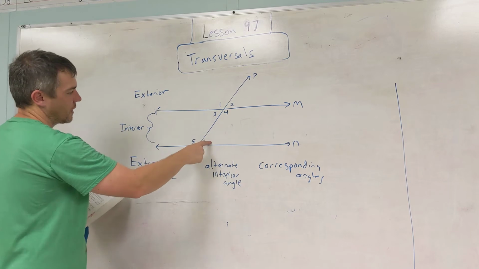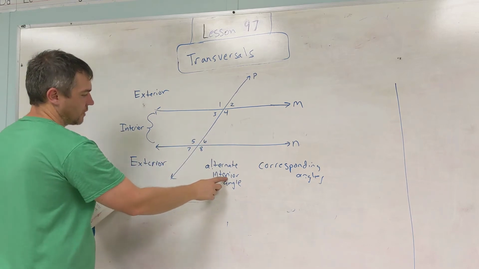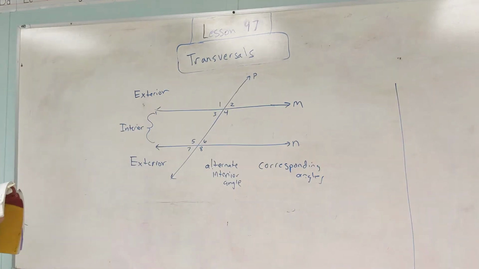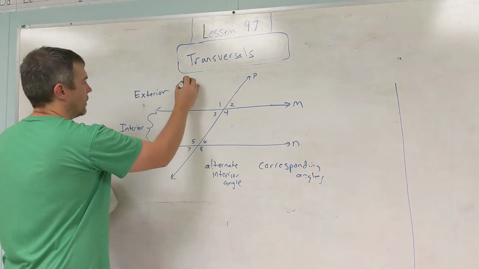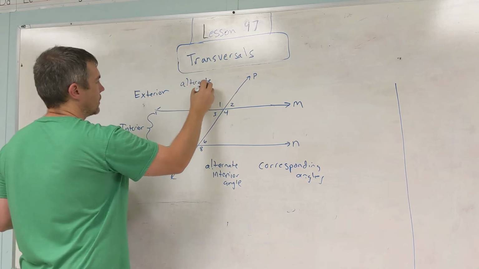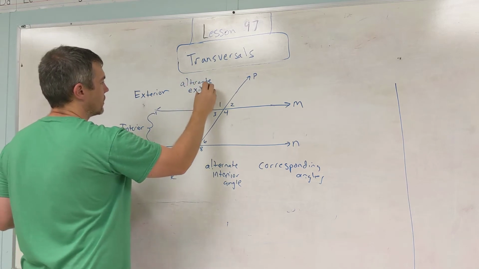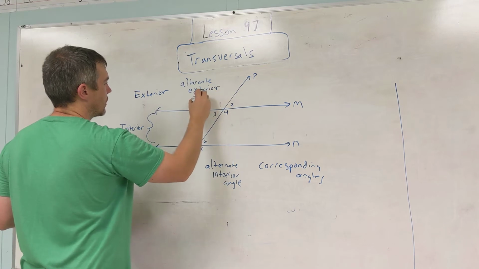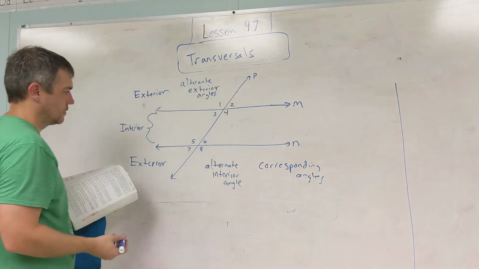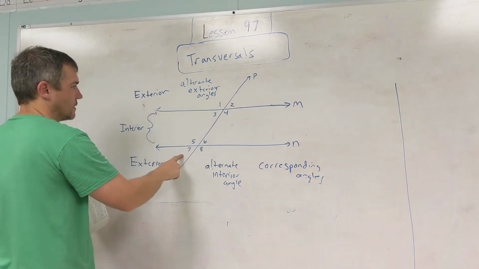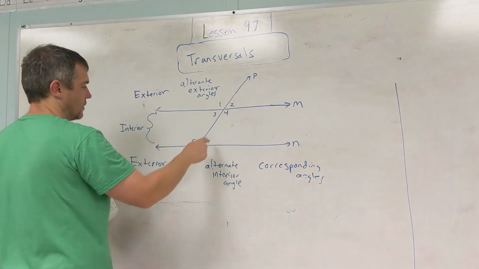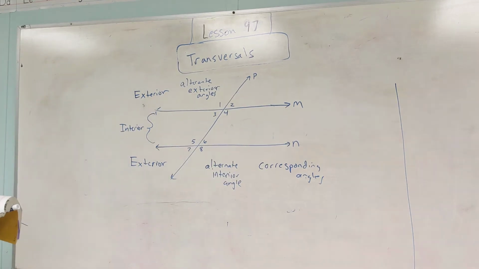And then we've got 4 and 6, which are alternate interior angles. Okay? We also have alternate exterior angles. So here, we've got angle 1 and angle 7, angle 2 and angle 8. Okay?